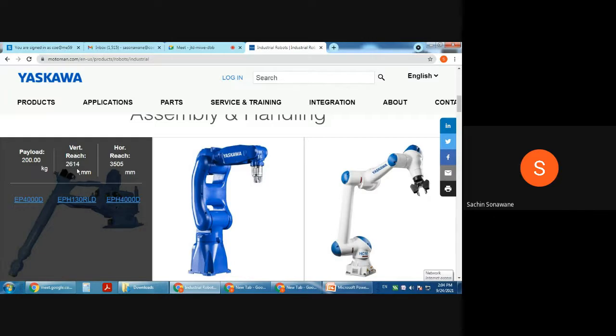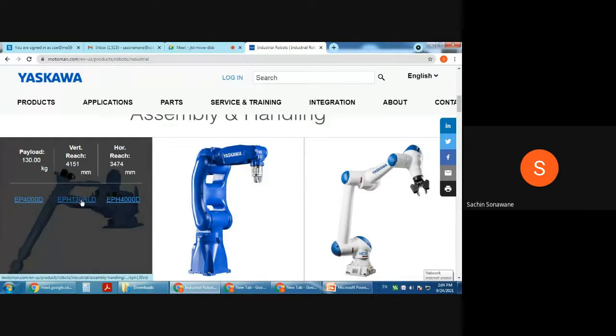Vertical reach is the maximum vertical distance this robot arm can travel. It depends upon different types of configurations. For this EP4000D, it is 2614 mm and horizontal reach 3505 mm.